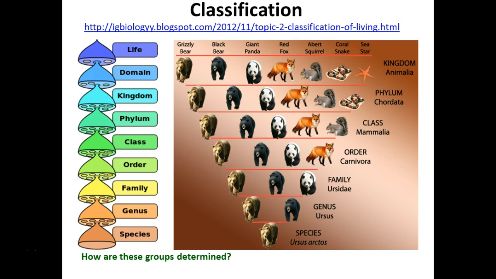So, how are these groups determined? What did we just talk about? Well, how would we generally refer to what we consider having hair and mammary glands and a spinal cord? Traits, right? Characteristics. Is that the only thing that we use nowadays to group organisms?